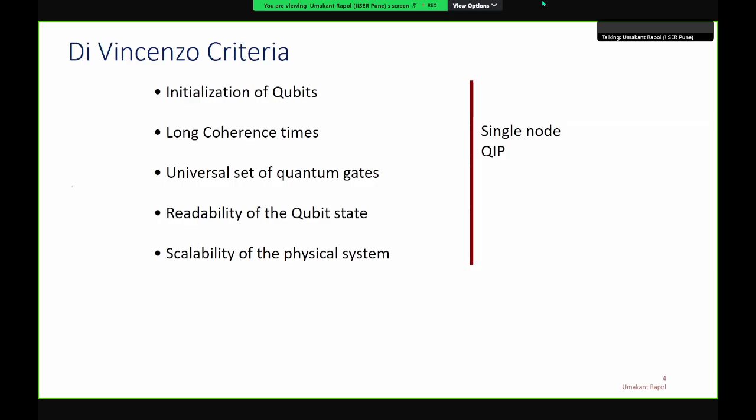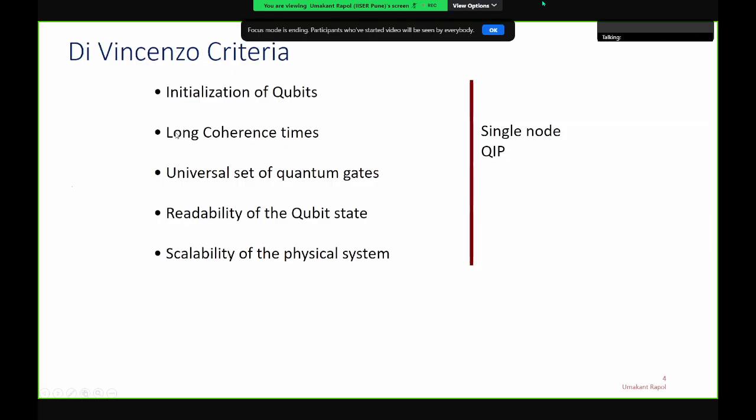The excited state in many atomic systems is going to interact with the environment, and it's going to decay back to the ground state after a certain time. Or if you prepare a state in a well-defined superposition of the ground and excited state, over time the phase coherence of this state is going to get lost, and the qubit will not remain a qubit anymore. So that is what this second criterion says.